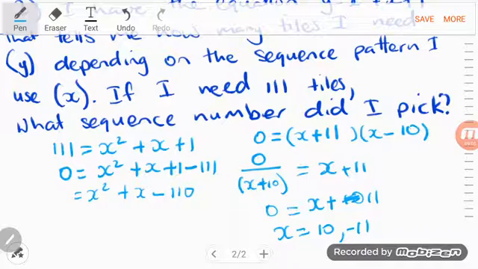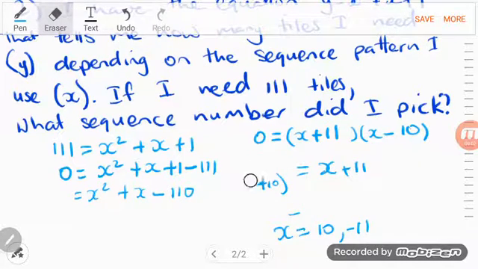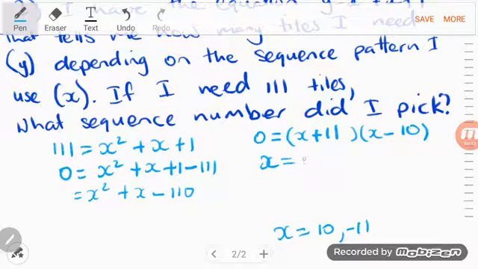So x is 10 and negative 11. Let's just move this up. So x is equal to 10 and negative 11.